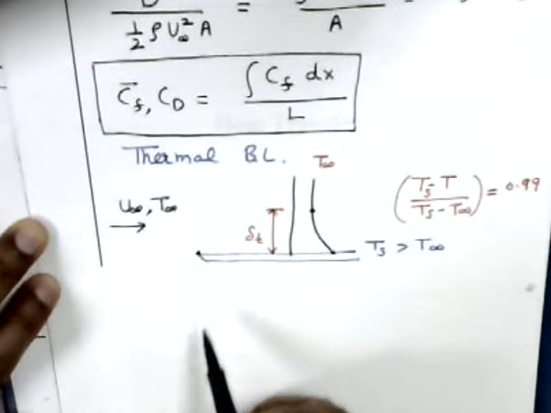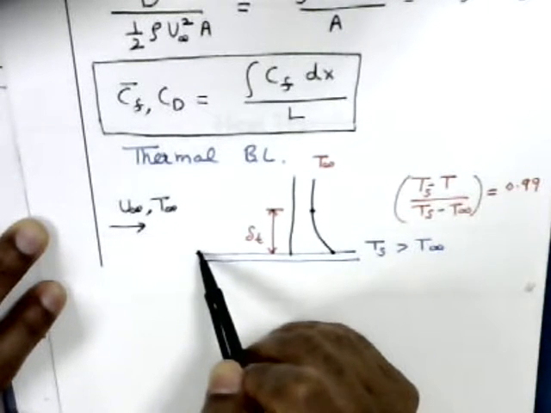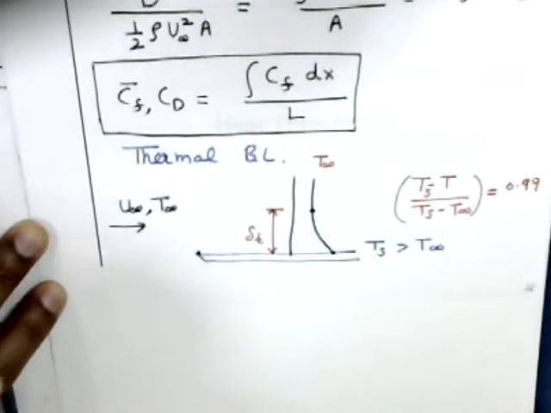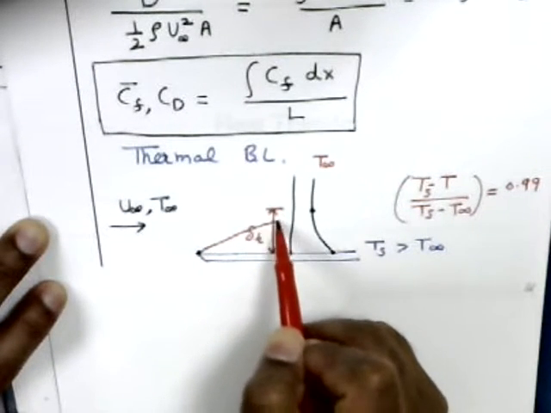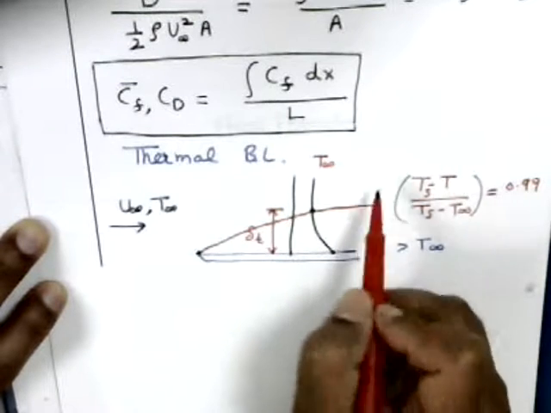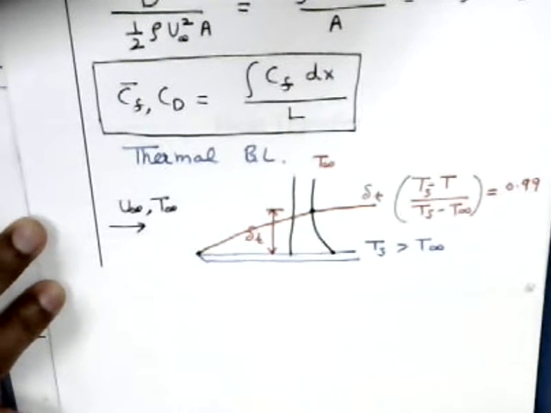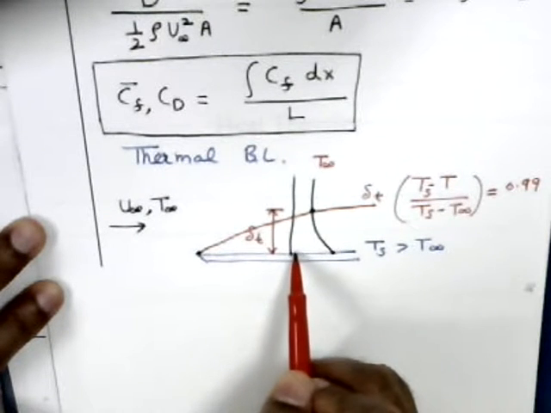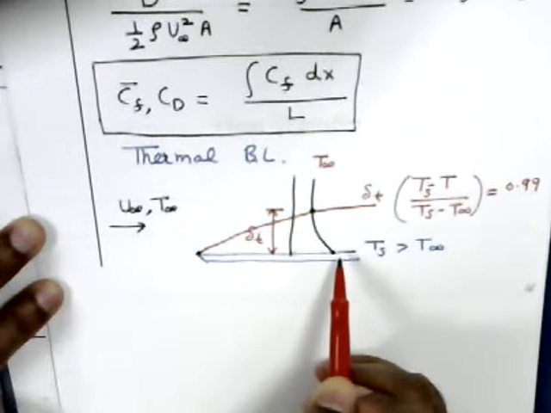Starting from the leading edge, at this point the thermal boundary layer thickness is 0. And then let me draw how it grows. It goes like this. So this is the thermal boundary layer thickness. Within the thermal boundary layer, at the surface right here, the fluid is at rest because of the no slip condition.